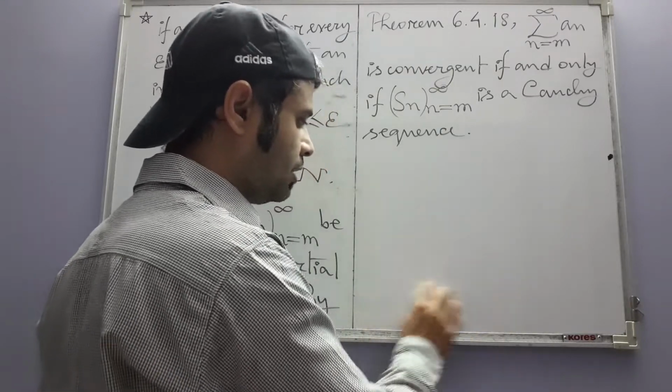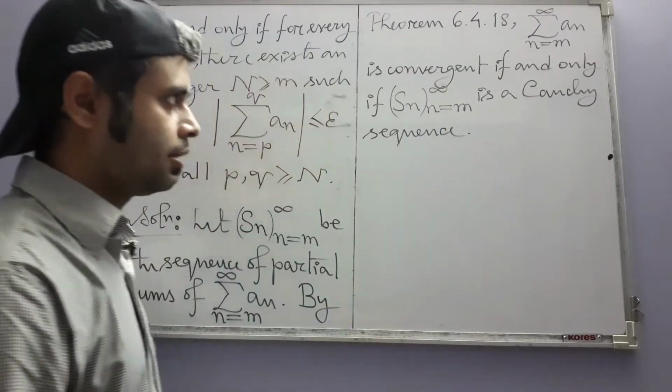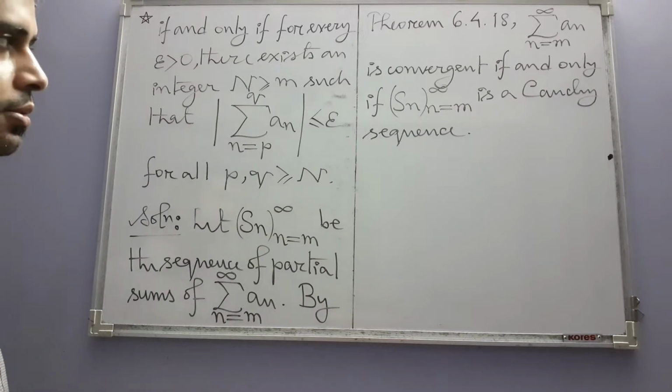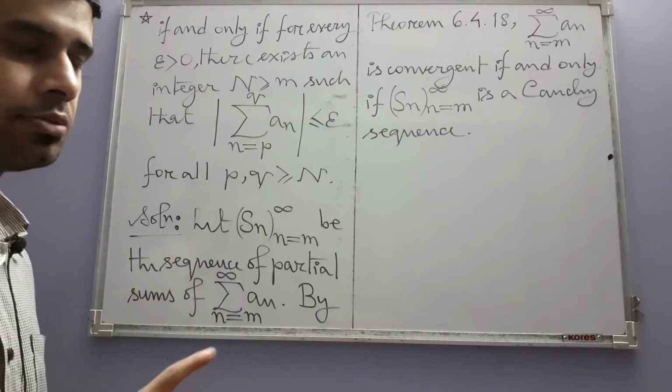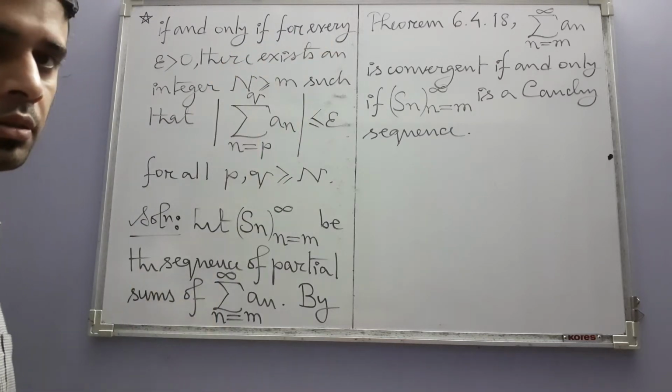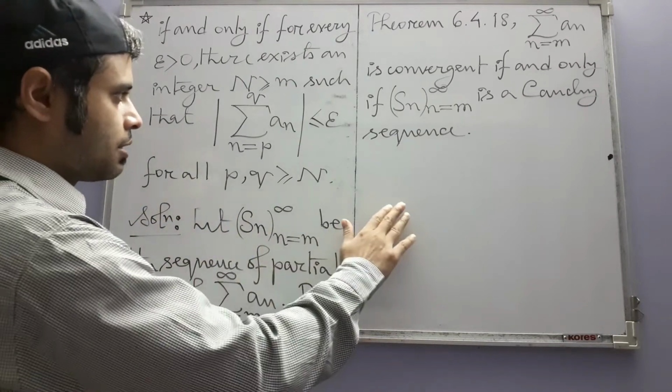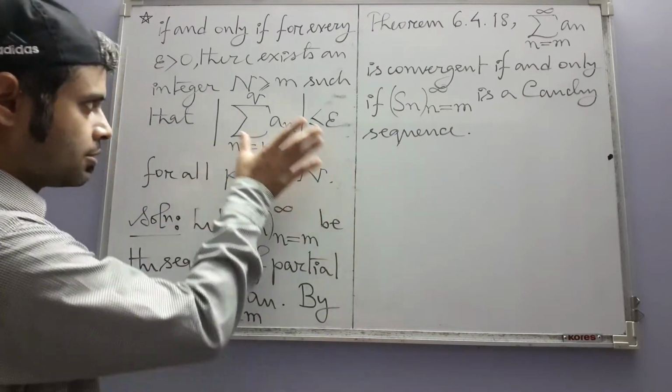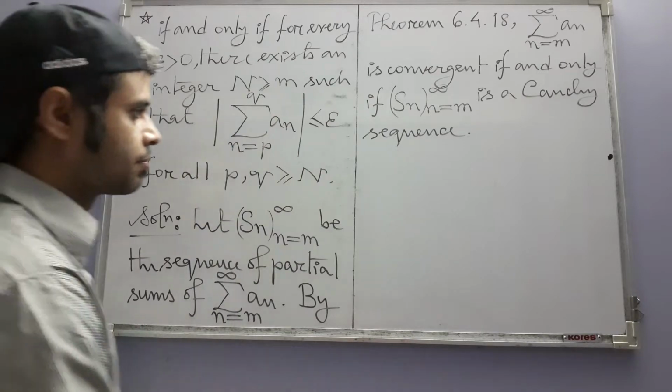So first of all, we assume that Sn is a Cauchy sequence. That means we are actually assuming that the series is convergent. Under that assumption, we have to prove that these things happen.